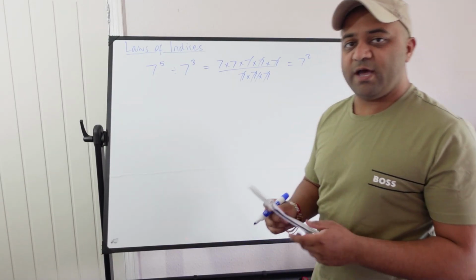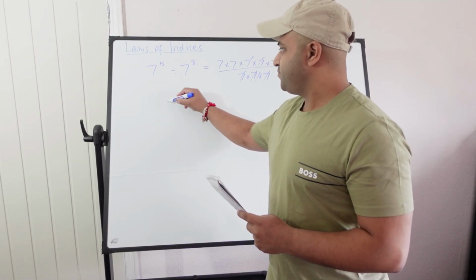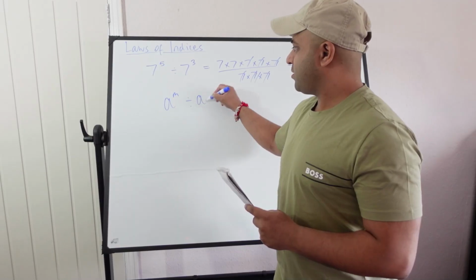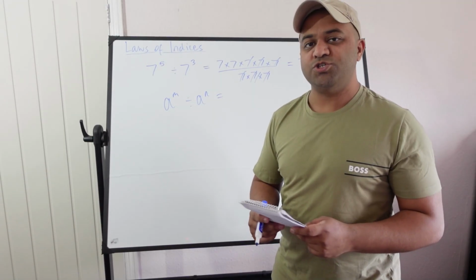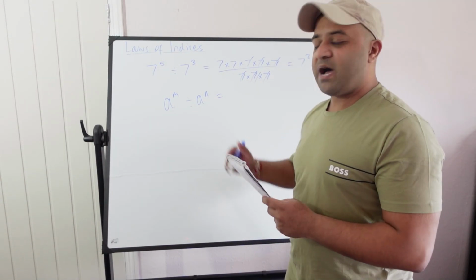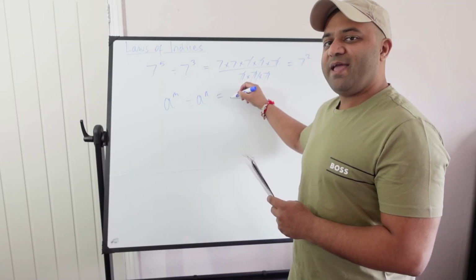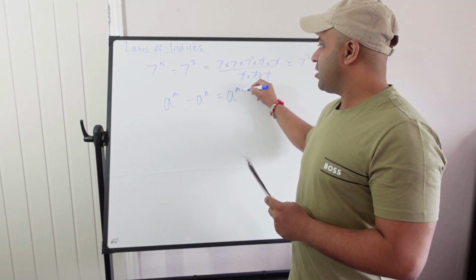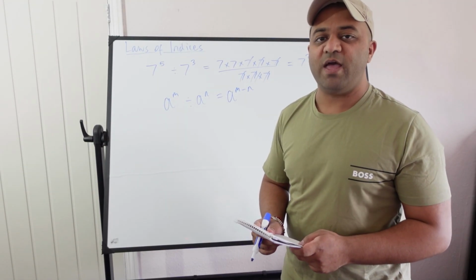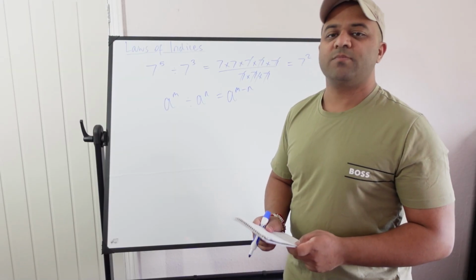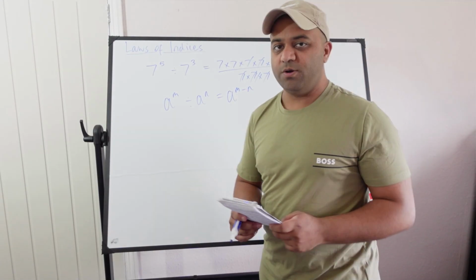So the rule here is that we subtract the powers. So when we divide two bases, we subtract powers. So a to the m divided by a to the n is a to the power of m minus n. Let's take a look at the next one.